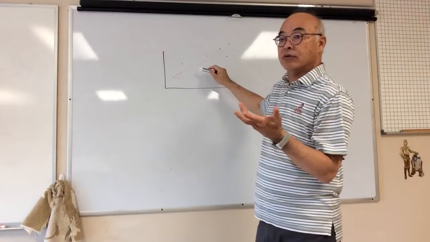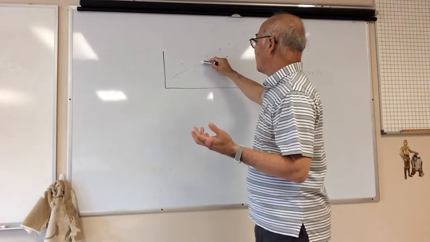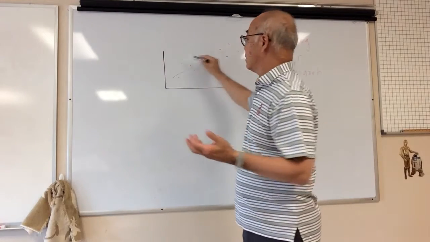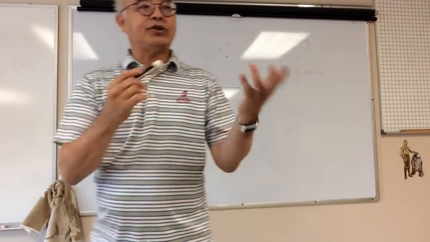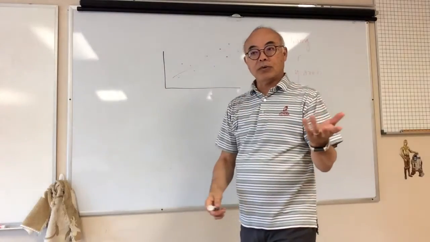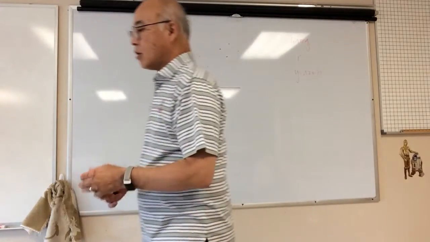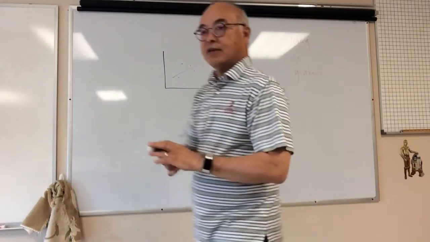So if I use this line, I can read it off over here and say, this is probably what it's going to be. My data shows that the value should be a certain point. That's the whole point of finding this line.